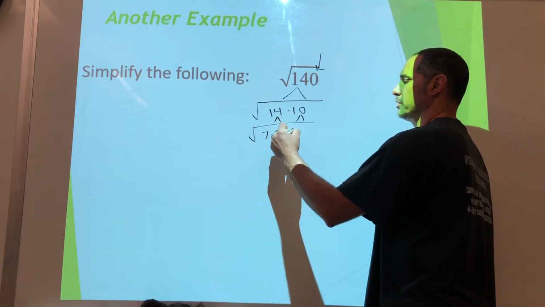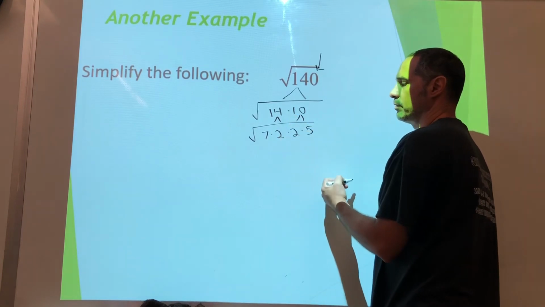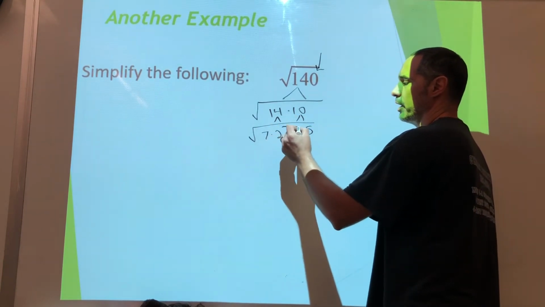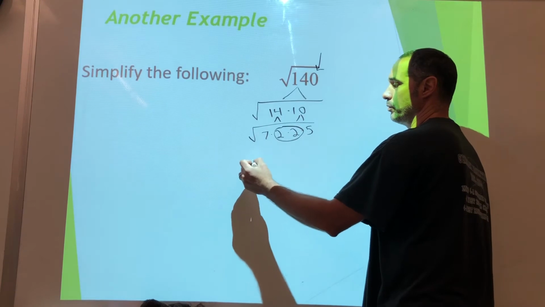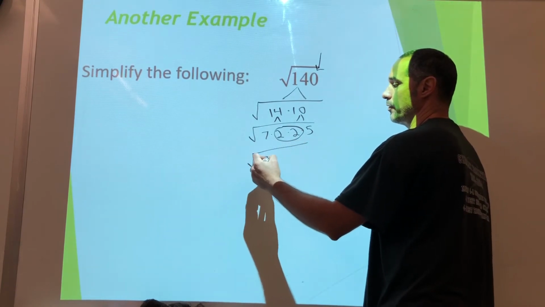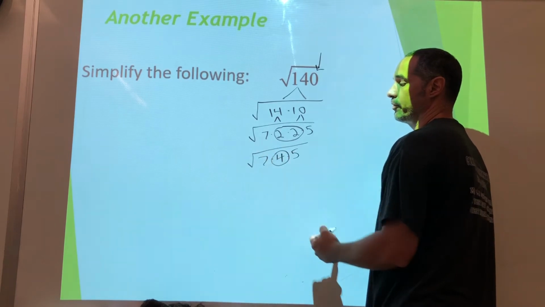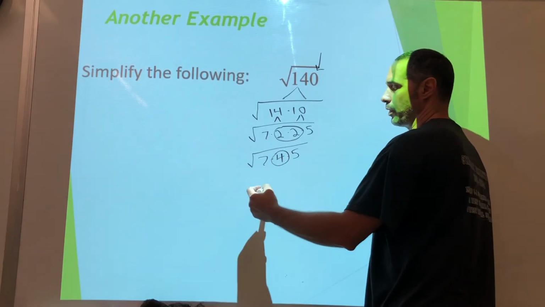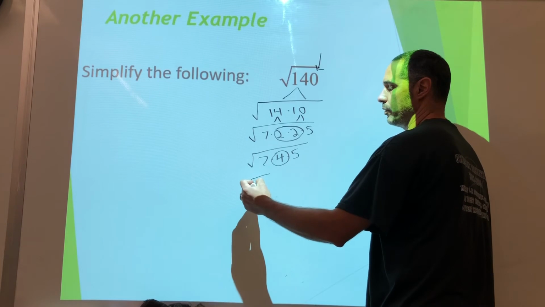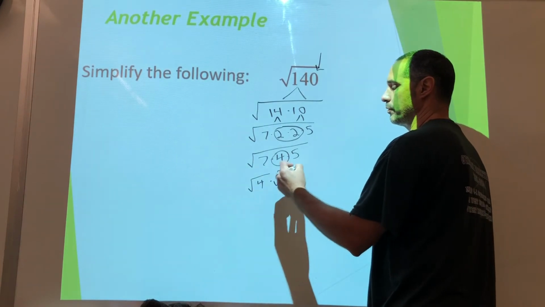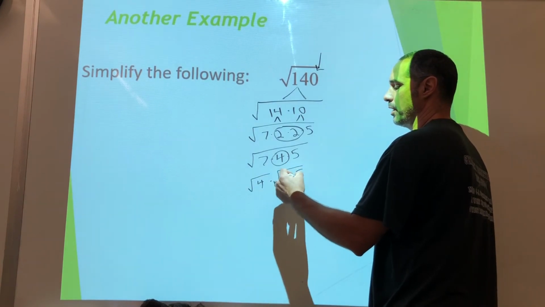And 10 is 2 times 5. Well, notice I have 2 times 2. And we know that that's 4. So this is 7 times 4 times 5, and there's my perfect square. So what I'm going to do is rewrite this as the square root of 4 times the square root of 7 times 5.